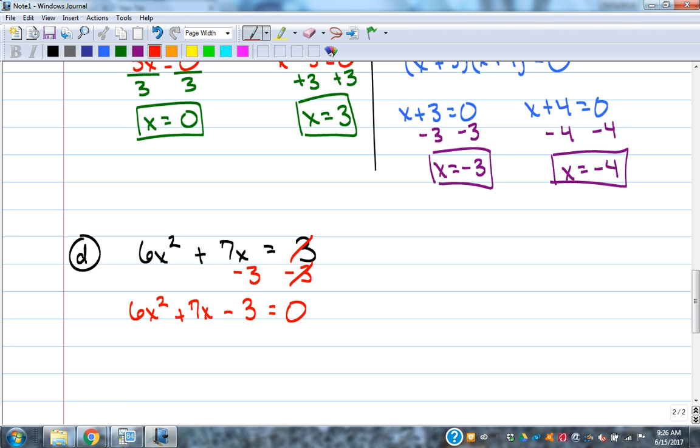From there, it's factoring again. So we're trying to factor this. So I'm going to use that X method again. What goes on the top of the X this time, though? It'd be negative 18. 6 times negative 3. And then a 7 on the bottom.